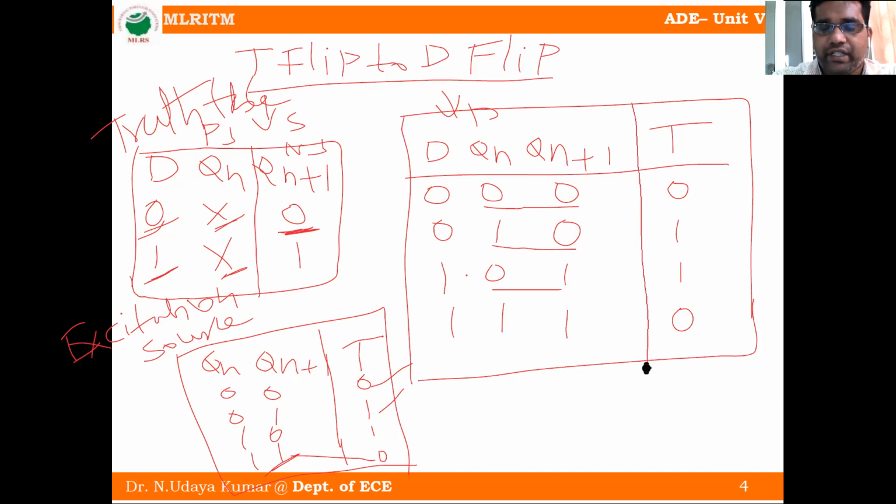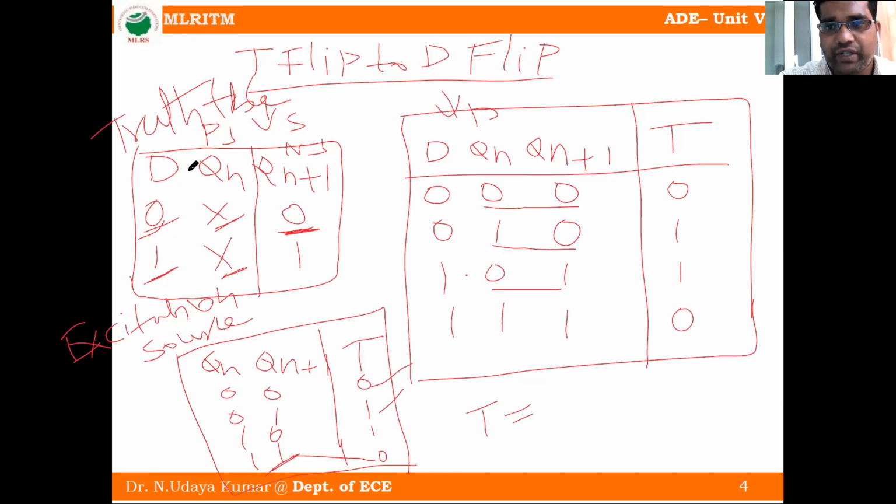Now we will find the T. By using the K map, we will find this one. It is a two variable K map, that means this one is 4 boxes. This one is T, this one is Qn, 0 1 0 1. How will we get the expression for T?